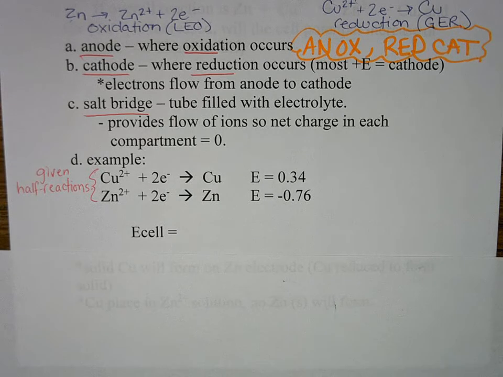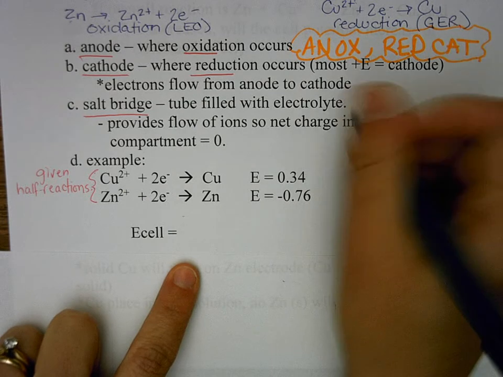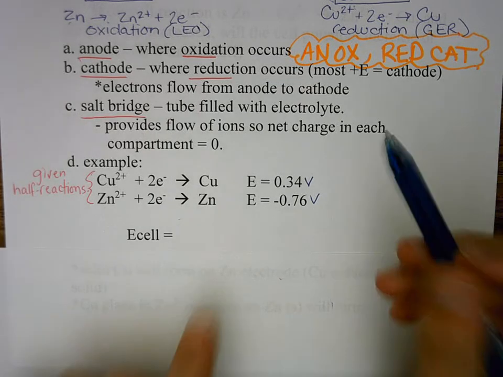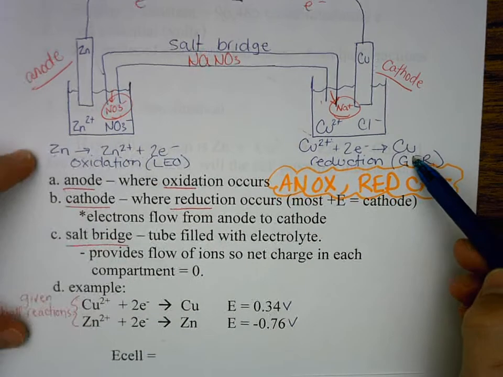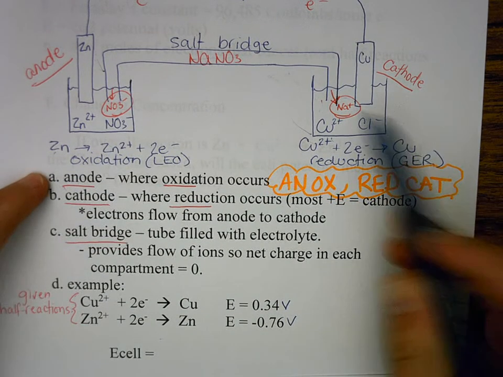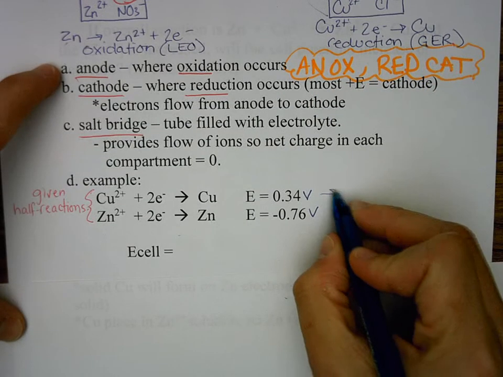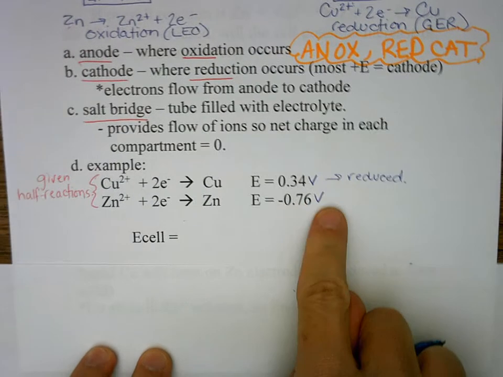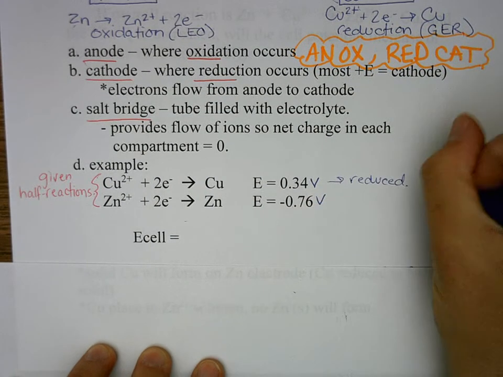In the problem, they will give you the reduction potentials for each half reaction. And remember, they're always given as reduction potentials. What you need to pay attention to is which side is actually being reduced and which side is being oxidized. The copper side is the one that's being reduced. If it's the side that's being reduced, then this number stays exactly the same. So it stays positive 0.34.